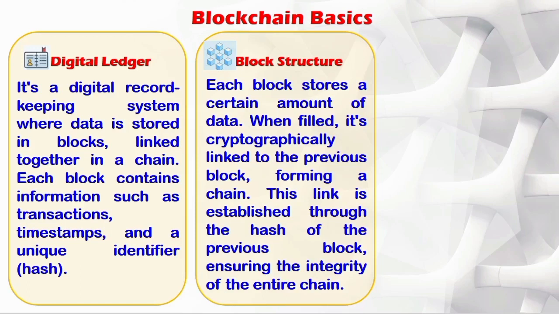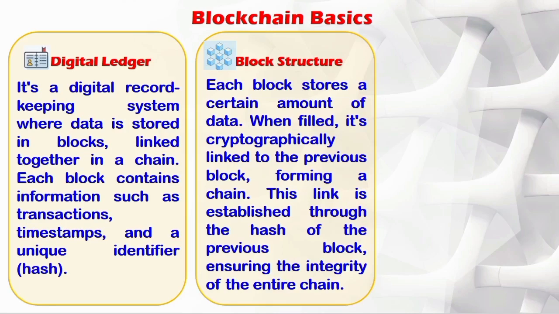Moreover, blockchain operates like a digital chain of blocks securely storing various data, such as transactions and timestamps. Each block is meticulously linked using codes, ensuring not only security but also seamless continuity.